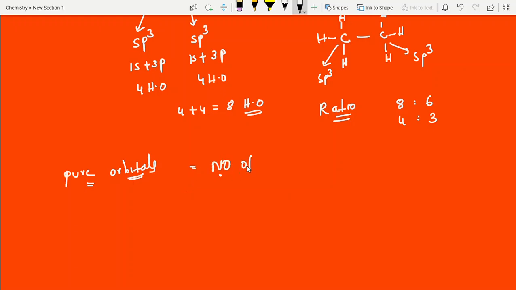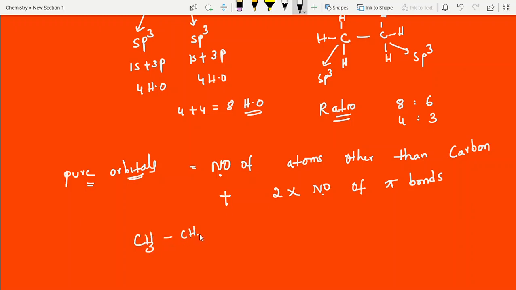Number of atoms other than carbon plus 2 into number of pi bonds. Don't confuse. Look into ethane molecule, is it working or not? We'll come to know. Atoms other than carbon, 6, right? Plus 2 into number of pi bonds. Any pi bonds there? No. 2 into 0. 6 plus 0 is equal to 6. See, here it matches. Clear? Like that.